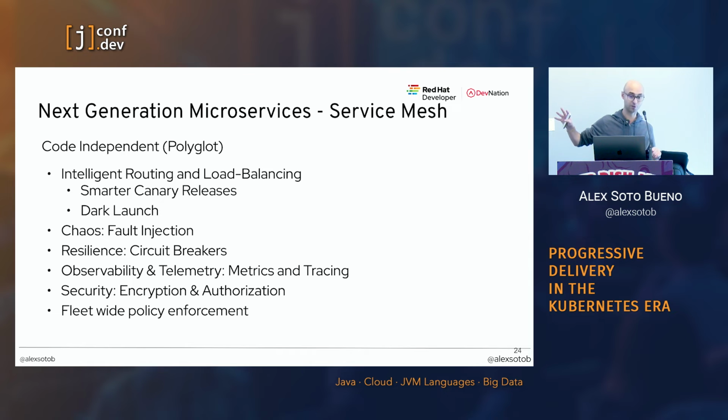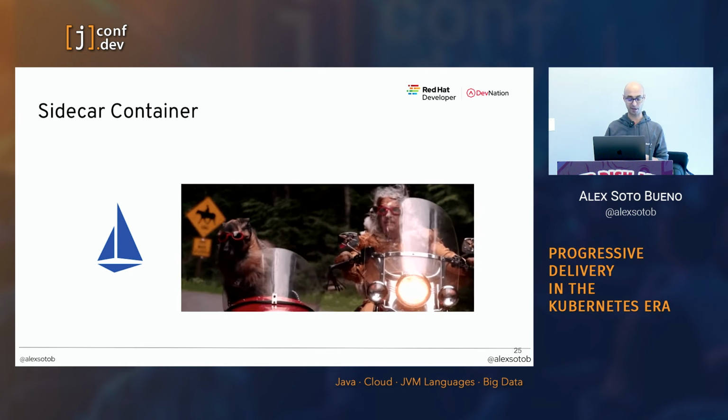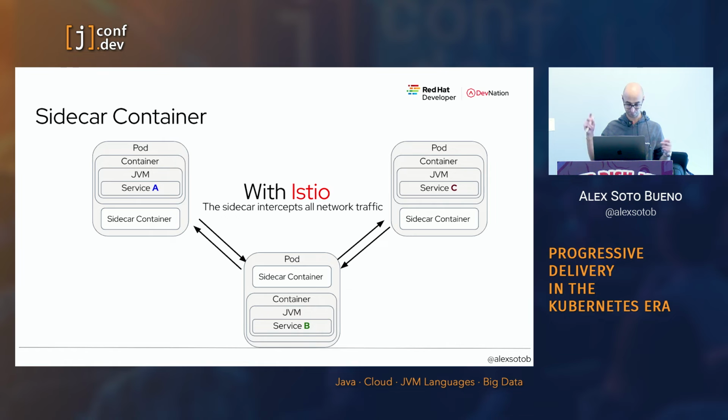So if you don't know exactly what Istio is, I recommend you take a look. Istio works with the concept of a sidecar container. Basically, it works this way. We've got our pod, and a pod can have one or more containers. Then you've got one container with service A, which is your business logic.